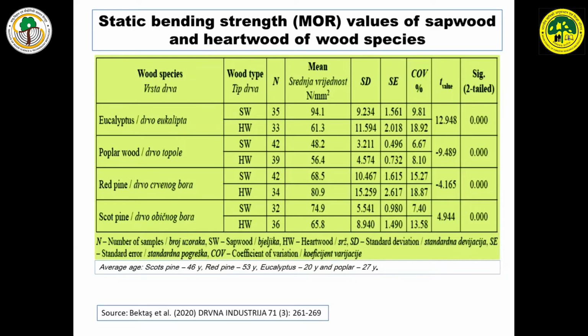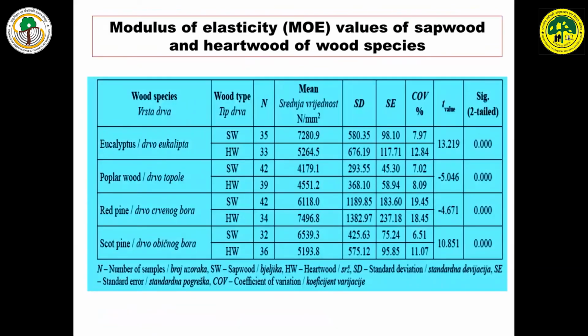So here we can see the modulus of elasticity for the sapwood and heartwood of the four different species. In most cases we can see there is a significant difference in modulus of elasticity in eucalyptus, poplar, red pine, and all the pines.